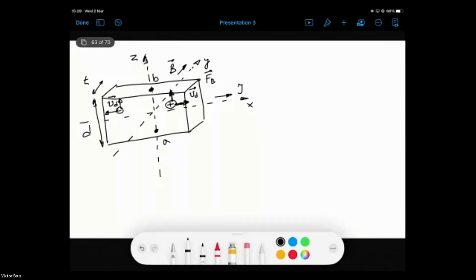Obviously, initially our piece of metal is electrically neutral.